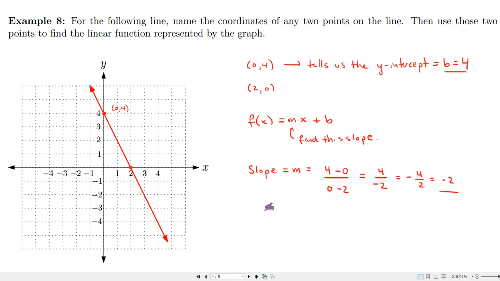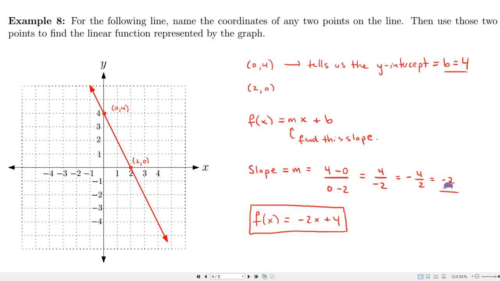So then at this point, f of x is just -2x plus b, which was 4. And that is our linear function. Maybe I should also label the point down here, which was (2, 0).